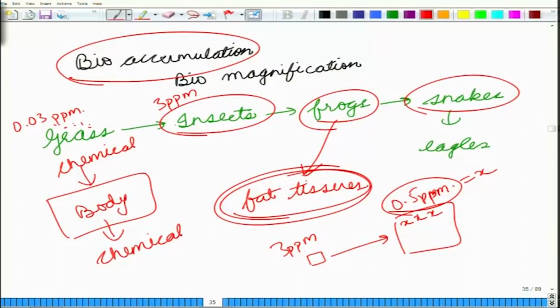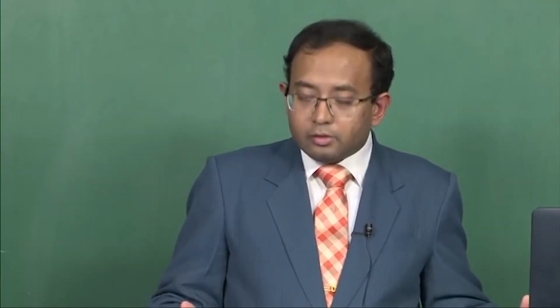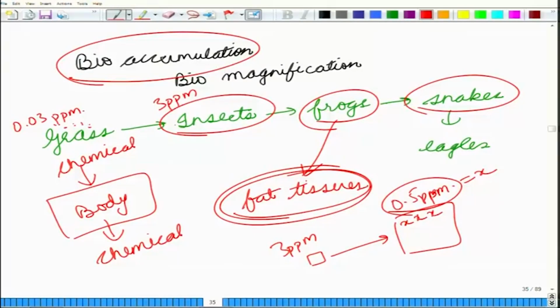Now, because it is eating a large number of insects, the chemicals that were there in small quantities in all of these different insects are getting more and more accumulated in the body of the frog. In totality, the concentration will be much greater than what is there in the insects. Let us say that in the case of frogs, it is 30 ppm.